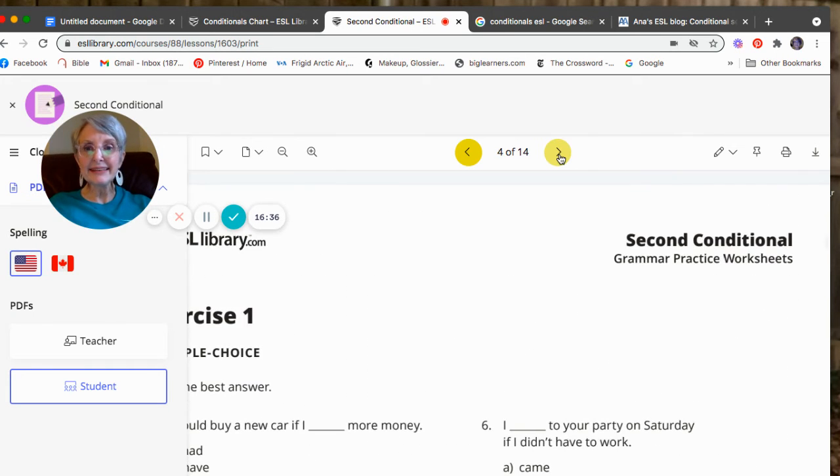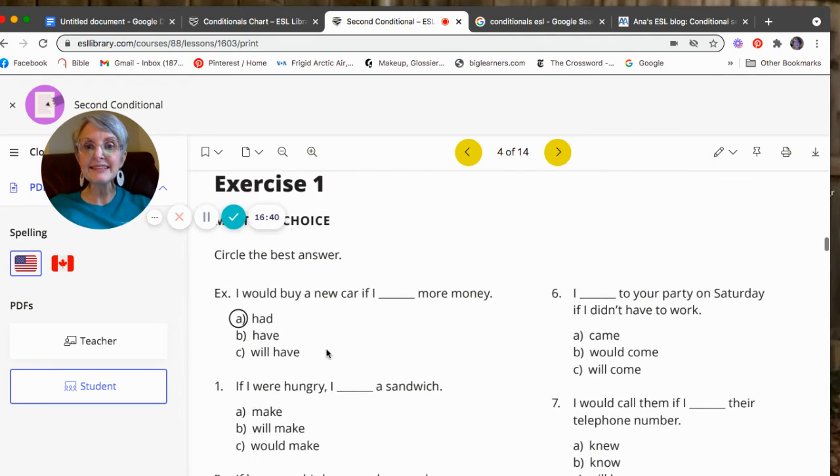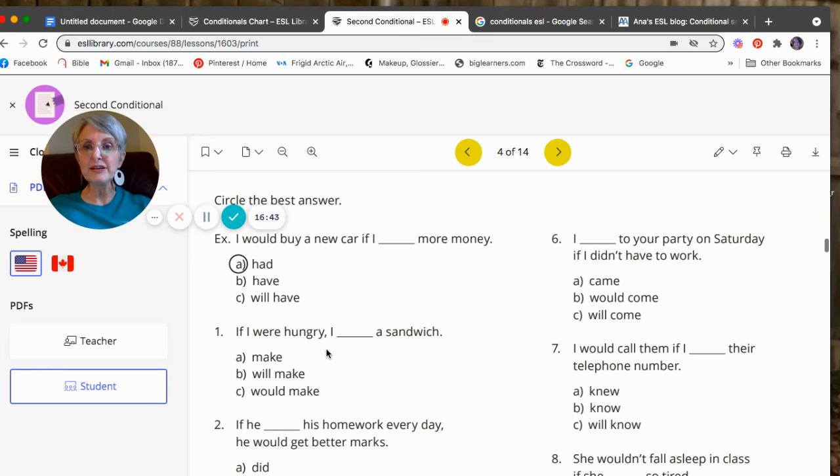When we meet together, we'll go through some of these exercises like this, where you choose the correct word. So I'll leave this up on the screen if you want to practice just the first few of these after you watch the video to just get warmed up on that idea.